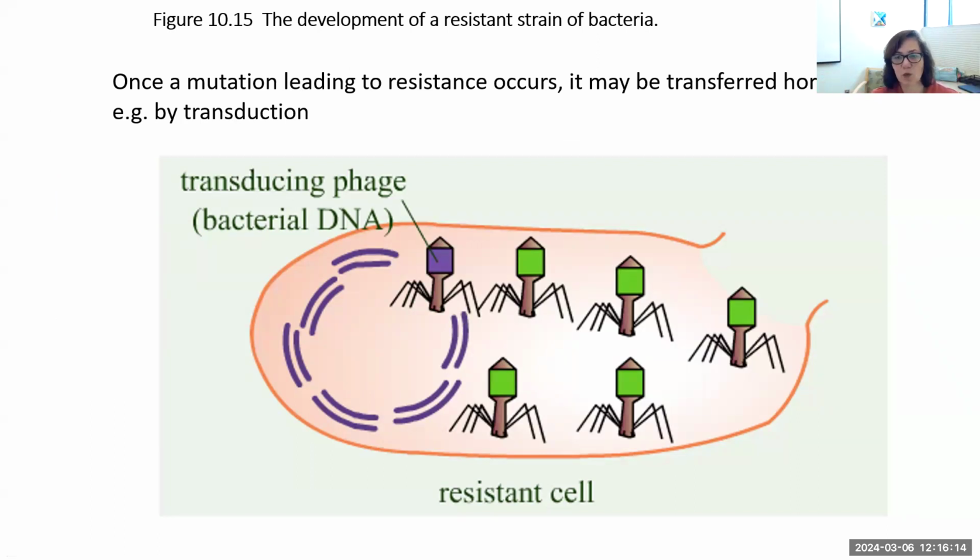And so the bacteria can acquire resistance that way. It could also be through transformation, where the bacteria just pick up kind of bits of DNA, or it could be through conjugation, where the two bacteria come together and exchange a plasmid, or a plasmid passes from one bacterium to the other.